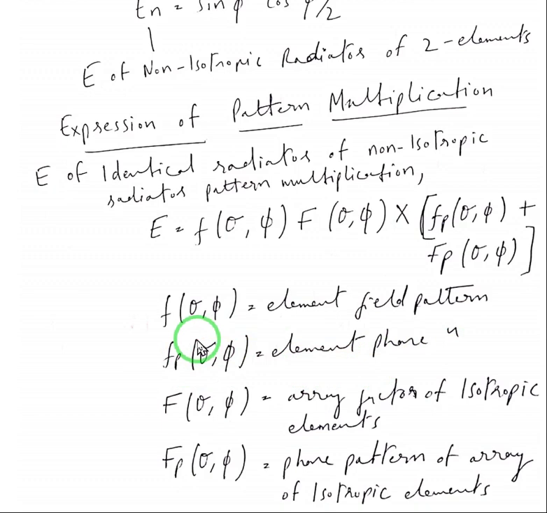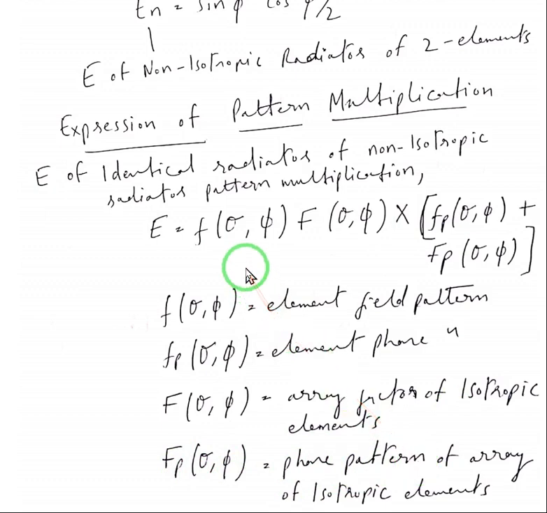Both of the patterns, that is field pattern and phase pattern, are combined or multiplied with the other antenna that has been coupled with the first antenna. Capital F(theta, phi) is called the array factor of isotropic elements, and capital Fp(theta, phi) is called the phase pattern of the array of isotropic elements.